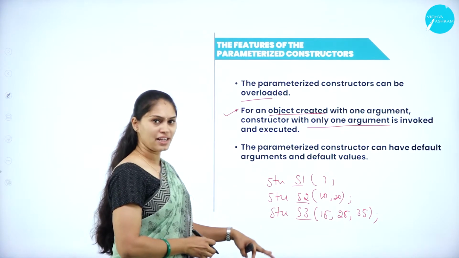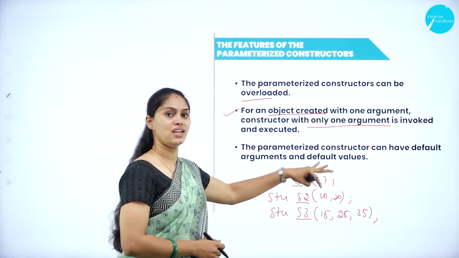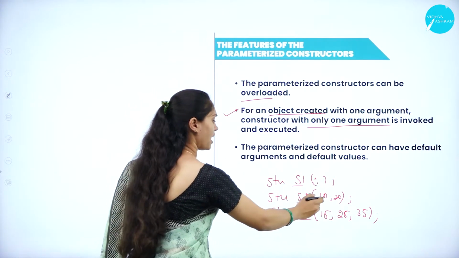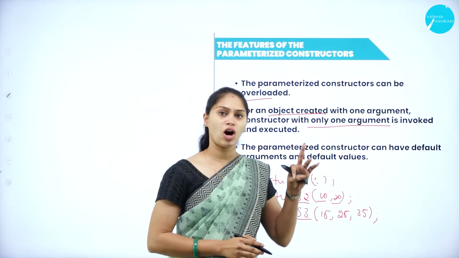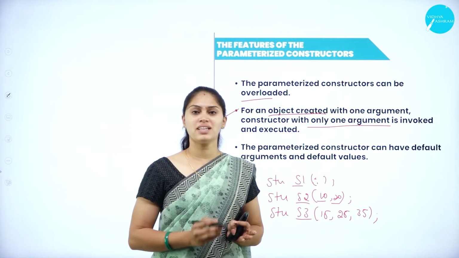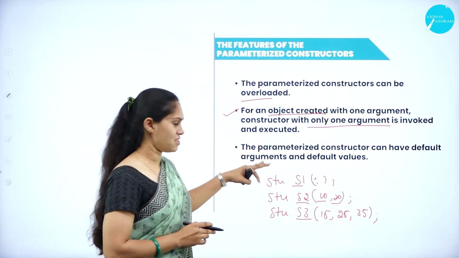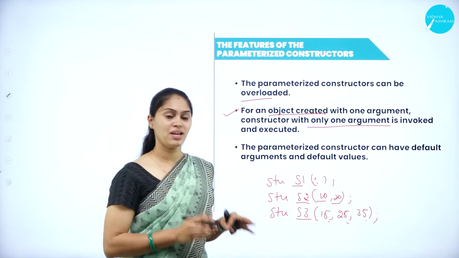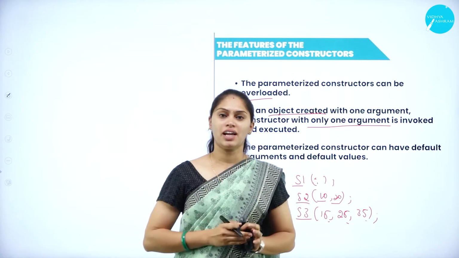S1, S2 and S3. If S1 has no argument, then the default constructor will be called. If S2 has 2 arguments, the constructor with 2 arguments will be invoked. So based on the number of arguments I send to the object, the matching constructor is invoked. If the object has 3 arguments, the constructor with 3 parameters will be invoked.